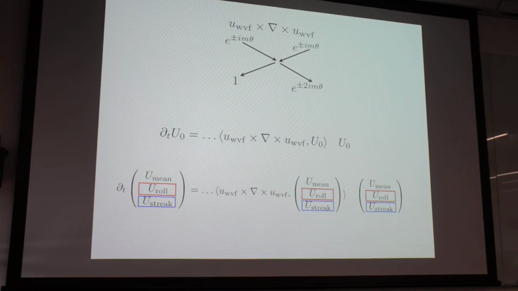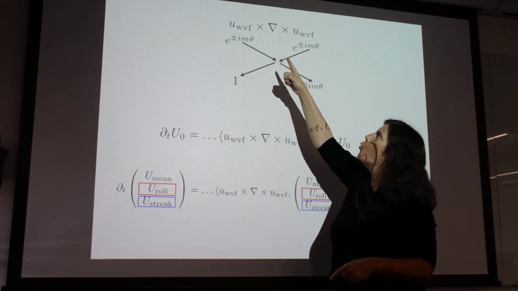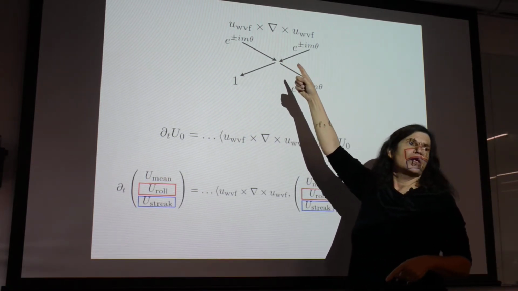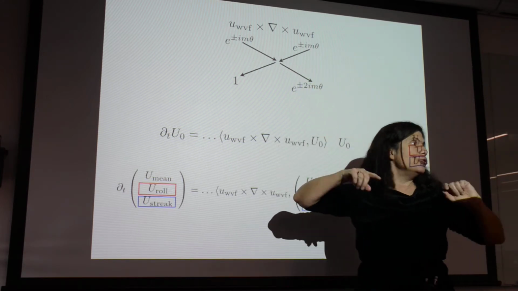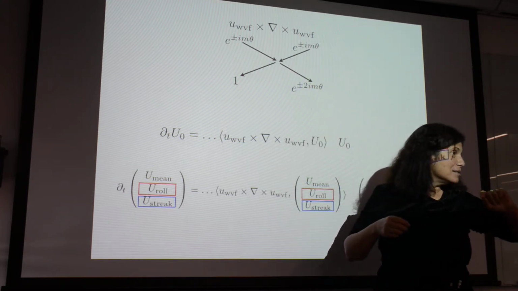So, this is the point that I made, in fact, before, in the original slide. Supposing we have this wavy vortex flow eigenfunction. It looks like, before I wrote e to the i alpha x, remember?